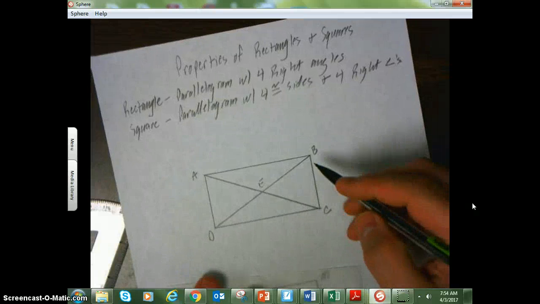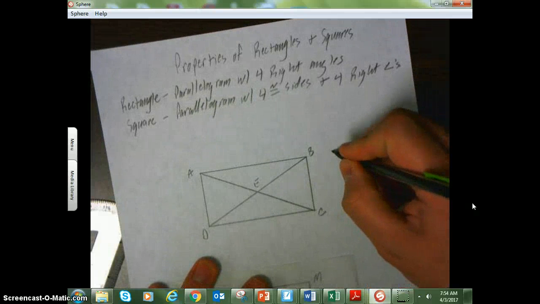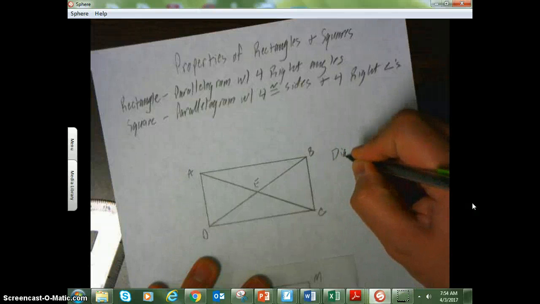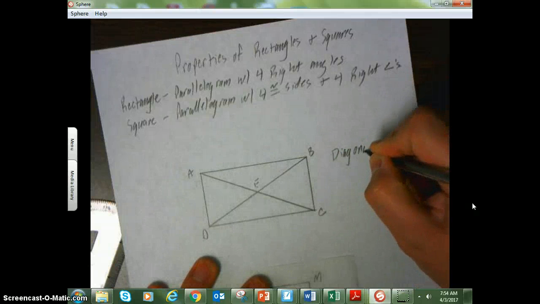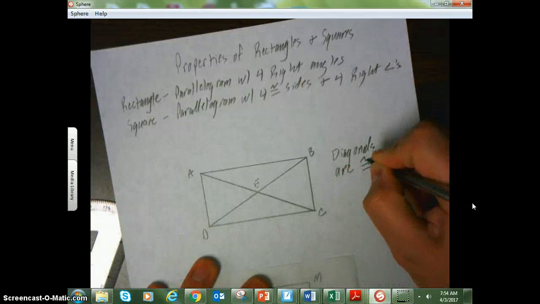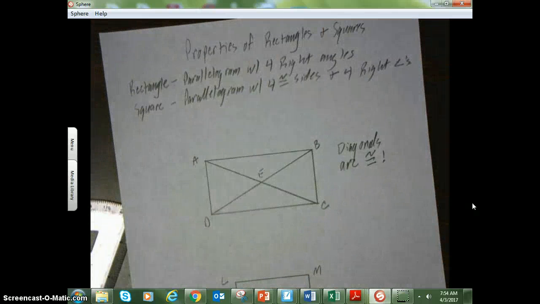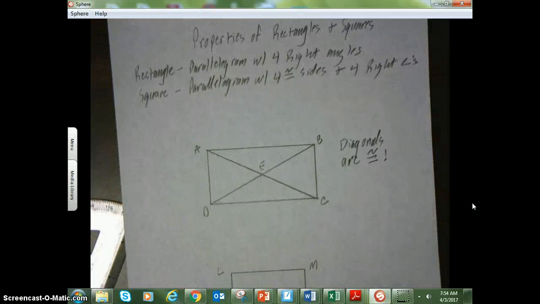So that is in addition to the fact that it has four right angles. In this case, the diagonals are going to be congruent to each other, and that's one of the unique characteristics about a rectangle.